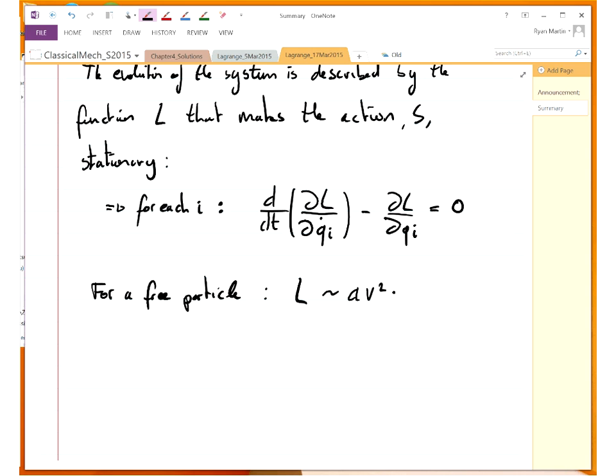We determined that just by considering symmetries and properties of inertial frames of reference. So from very, very general assumptions about the laws of physics being uniform in space and direction, we concluded that this function L that describes the evolution of a free particle is proportional to the velocity squared of that particle.